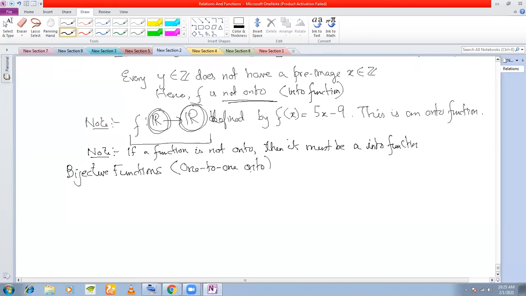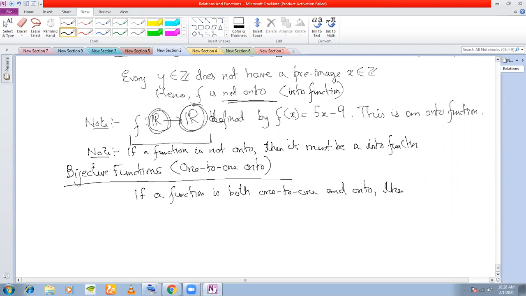Next is one-to-one onto functions, or bijective functions, or bijections. If a function is both one-to-one and onto, then it is called a one-to-one onto function, or bijective function.